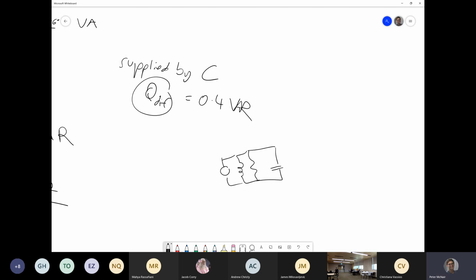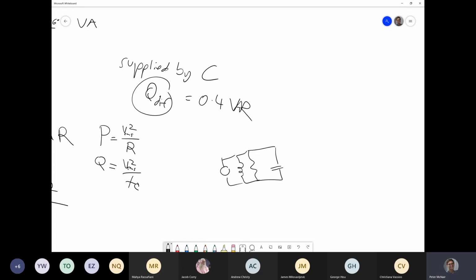So we know that just like P is equal to V squared on R, Q can be written as V squared on X, where in this case it's going to be the reactance of the capacitor. This is RMS as well, just to be careful.